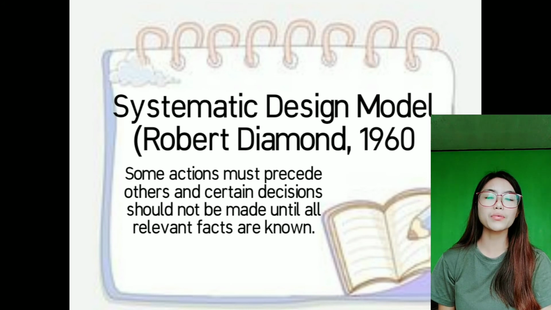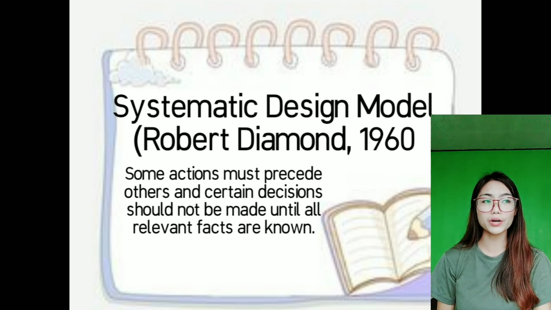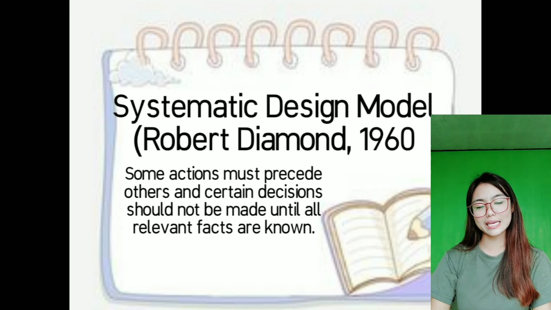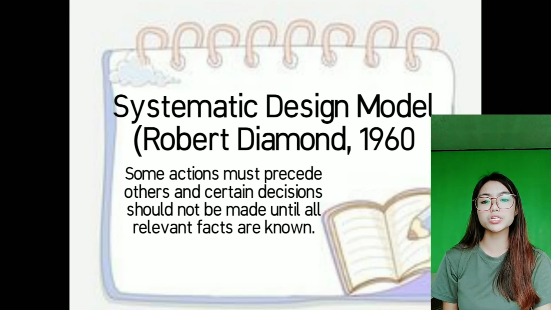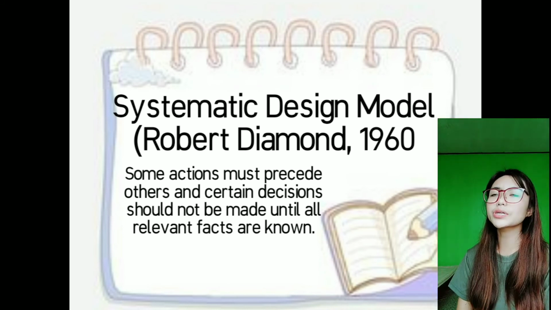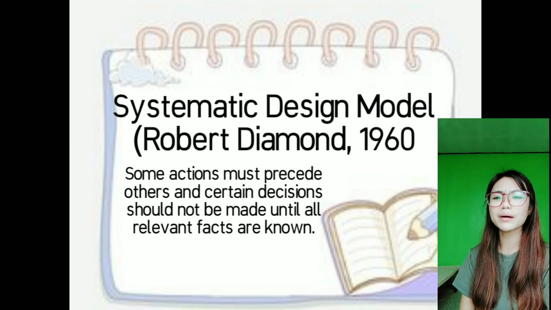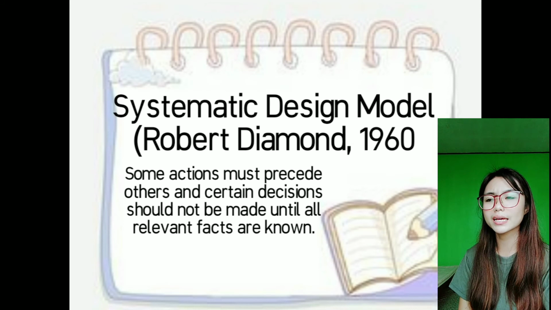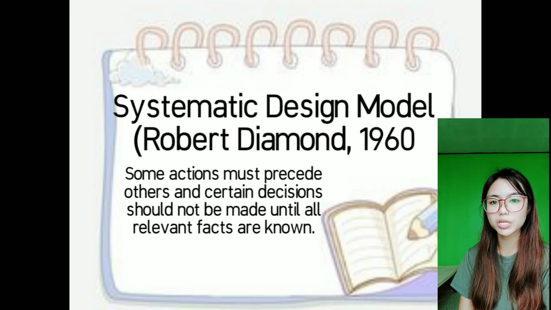Systematic design model by Robert Diamond in 1960. Some actions must precede others, and certain decisions should not be made until all relevant facts are known. He asserts that this model is flexible and can be used in a variety of campuses and local situations.